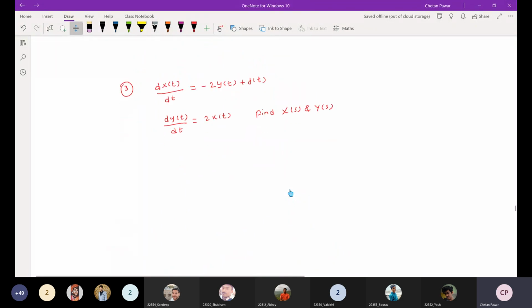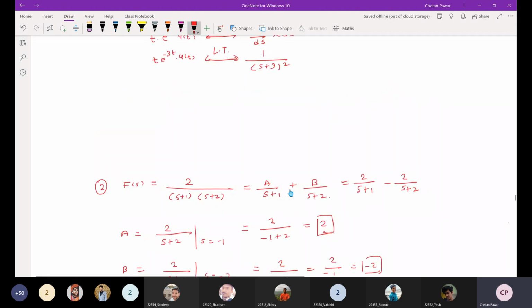Now consider these two differential equations, and assume that initial condition is 0, and find out X of s and Y of s, the Laplace transform of x and y. So here, we are assuming initial conditions are 0. When we take a differentiation in the time domain, we have seen the differentiation property. You just need to revise that particular thing.